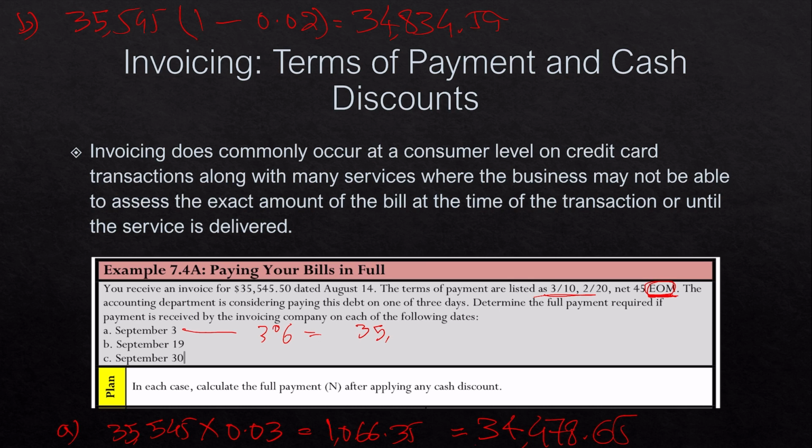So this one is for the 3% discount, this one is for the 2% discount, and the third payment is outside this period of 20 days, so there is no discount. We have to make a full payment of 35,545.50.